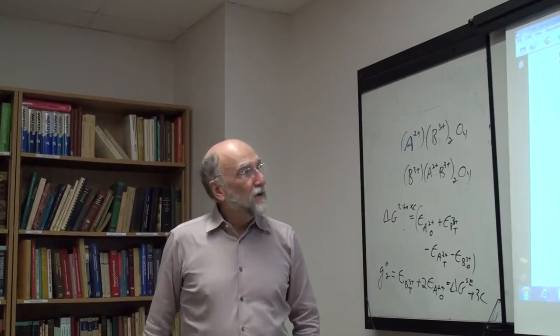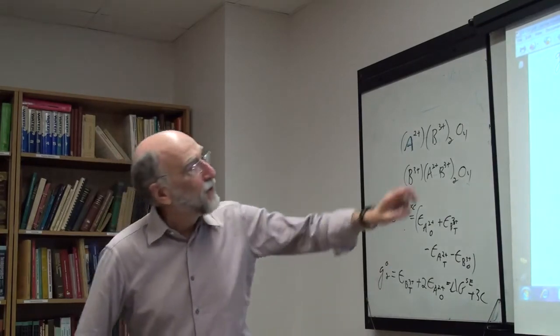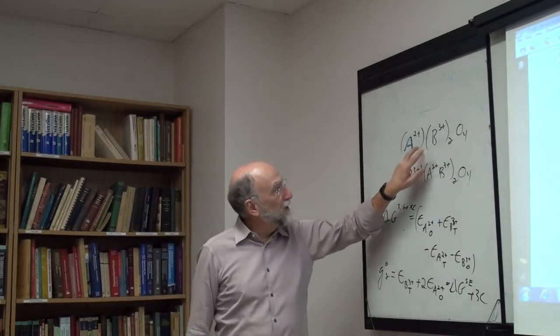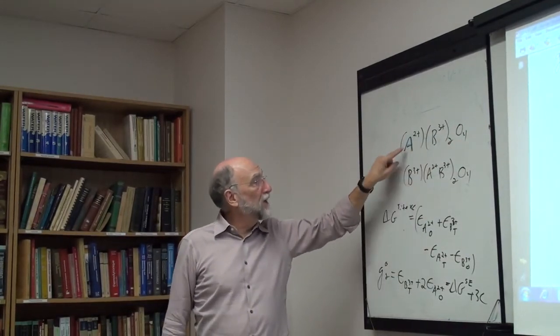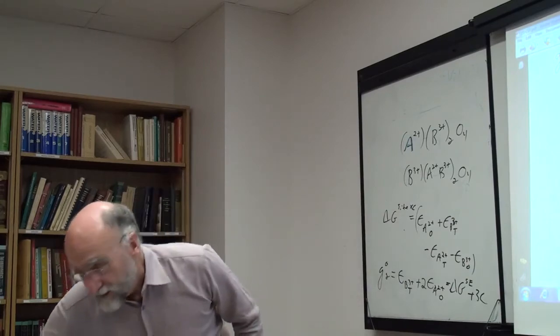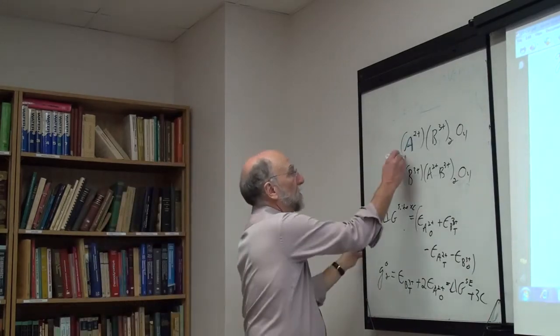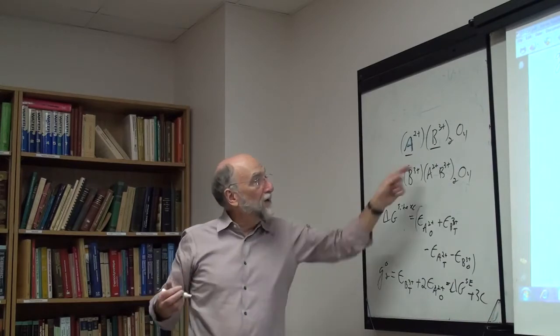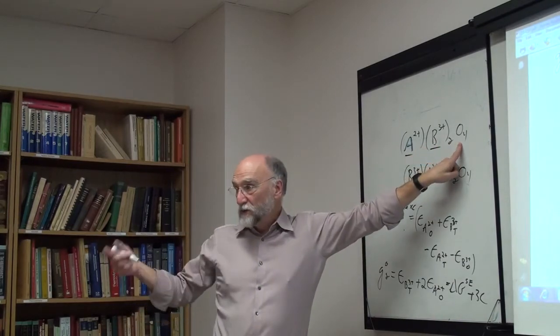The reason for this is that when we talk about first nearest neighbors and second nearest neighbors, as I said earlier, we're thinking about these two sublattices, and we say, okay, an A2 plus here, an A2 plus here, and the V3 plus here are nearest neighbors. But they really aren't. They're separated by another lattice, the oxygen lattice, which we're ignoring.